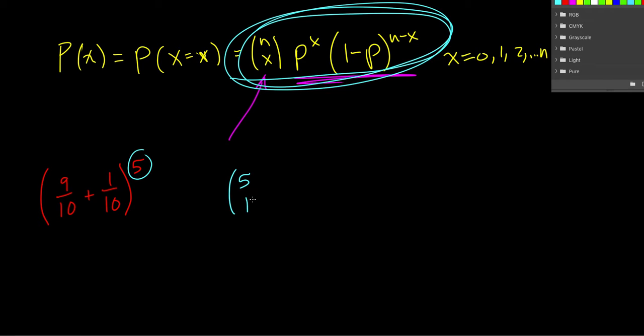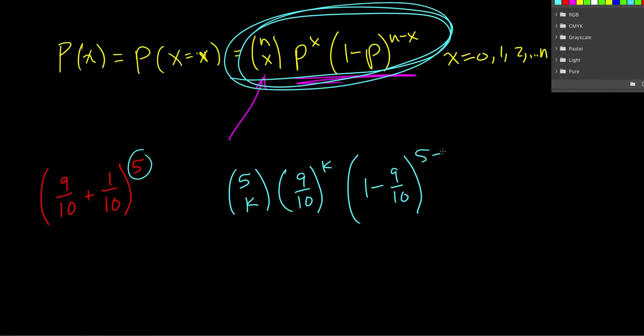And then I'm going to change this to a k. Okay, now our probability of a success is the first one. So that's what this p is. So 9/10. Our x is a k. 1 minus 9/10. And then our n was 5 minus x, which was k.